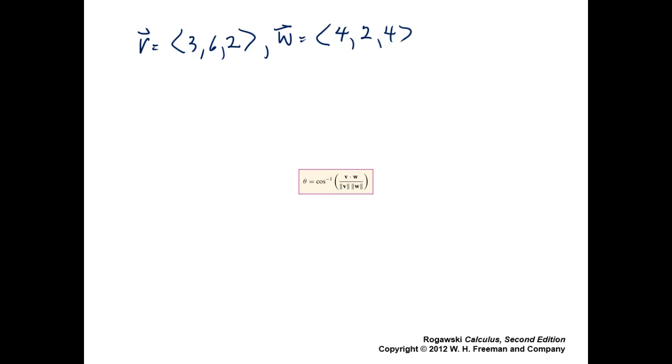Now, that would be pretty miserable to try to find the angle between those, because it's in 3 space. There's not any good thing like there is in two space. You can find the angle pretty easily in two space, but in three space, not, except through the dot product. So find the angle theta between these two vectors. How would you do that?